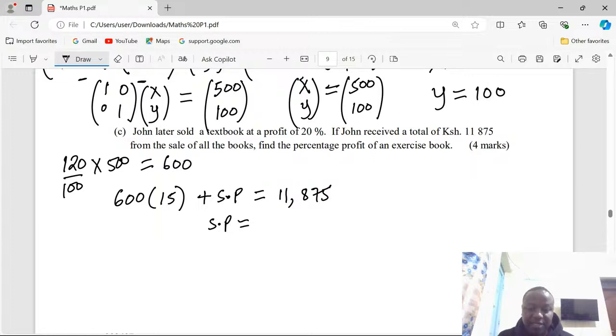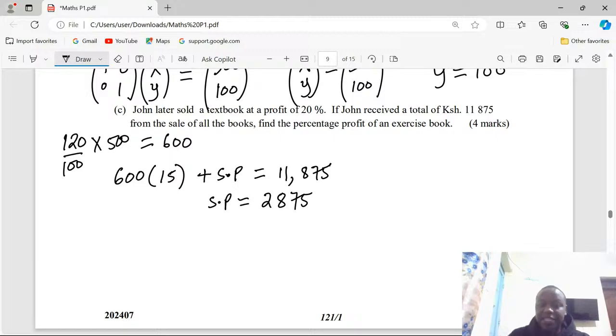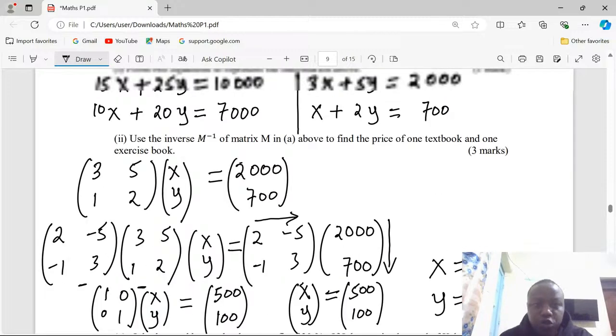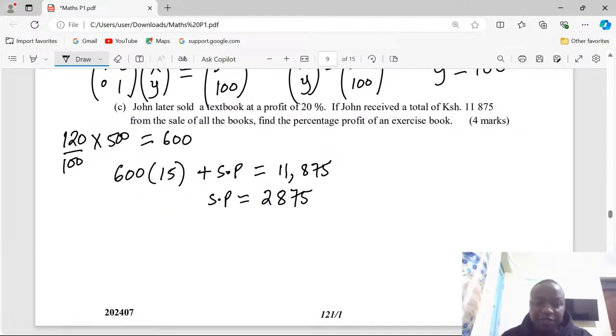This is giving us exactly 2875 as the selling price of all the exercise books. Remember, the exercise books were 25. This means that the 25 of them have sales equivalent to 2875.